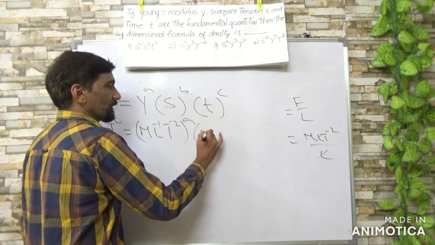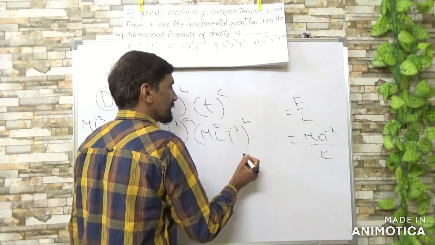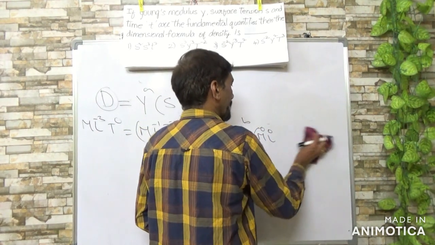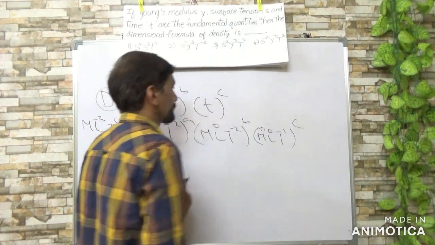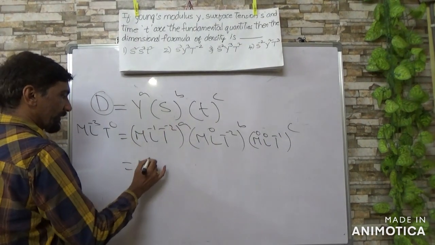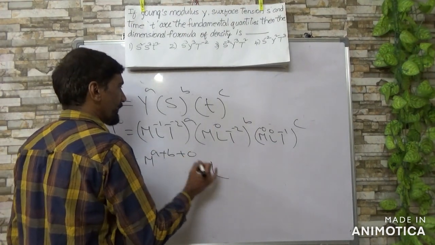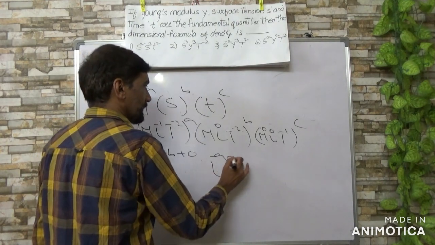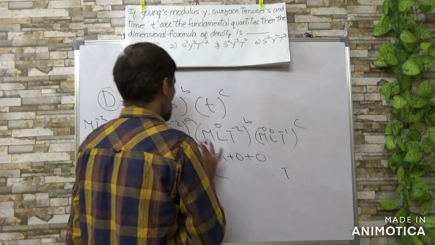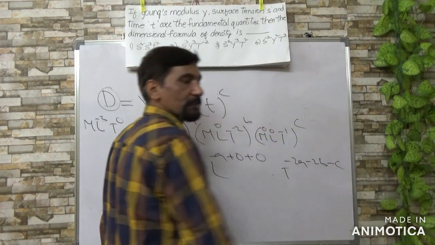So it is nothing but M L power 0 T power minus 2, whole power B. Time is M power 0 L power 0 T power 1, whole power C. Now M power A plus B plus 0, L power minus A plus 0 plus 0, and T power minus 2A minus 2B plus C.